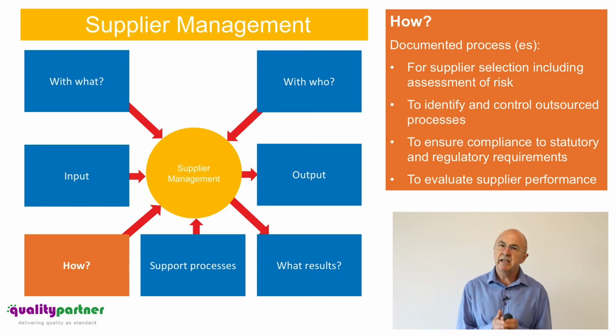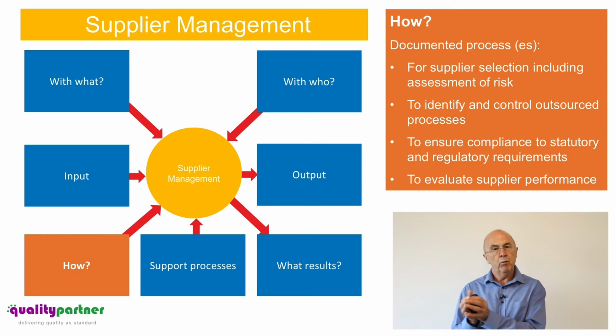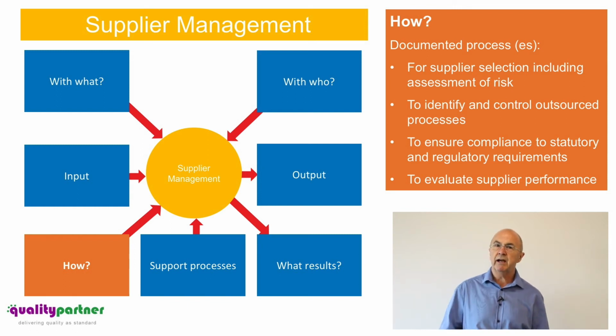We need to continue to ensure that we've got adequate controls for any processes that we outsource. And this is not just manufacturing processes. For example, we may outsource aspects of the IT process, the security process, the maintenance process. We need to make sure we've got adequate control of any outsourced process that can affect customer requirements.